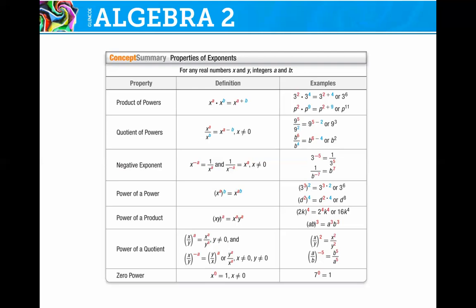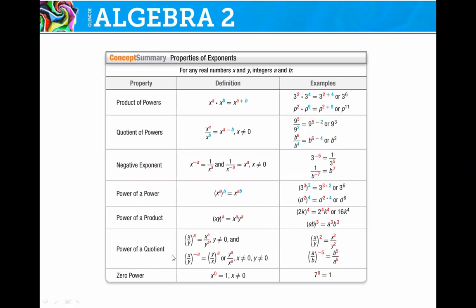Powers of powers: if you have two powers over each other, we multiply the two powers. He gave us a numerical example. Powers of a product: if we have xy to the power a, we can distribute the power on x and on y.